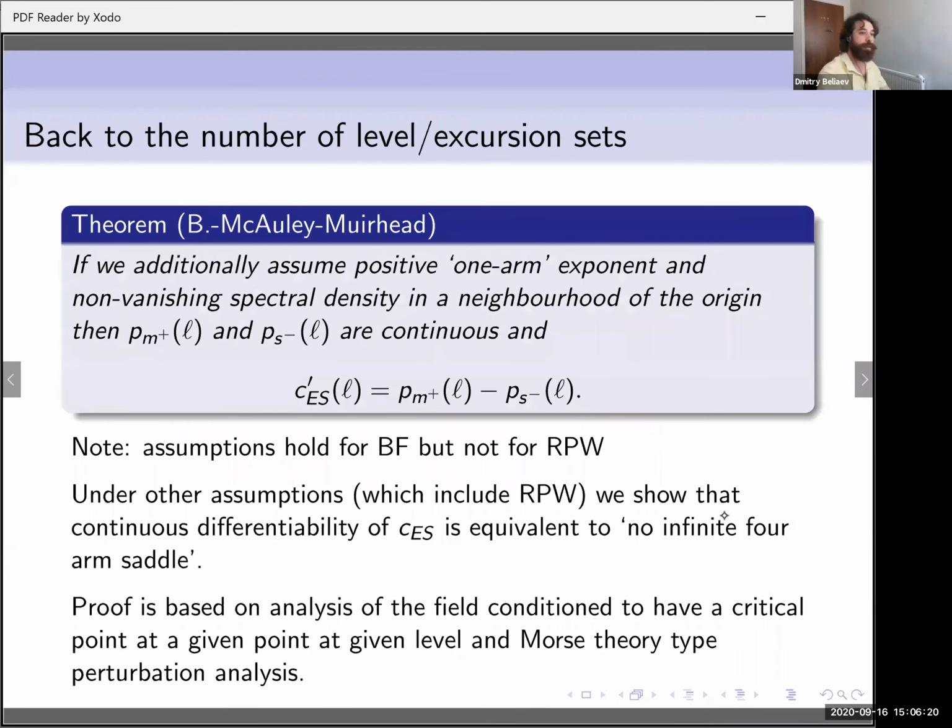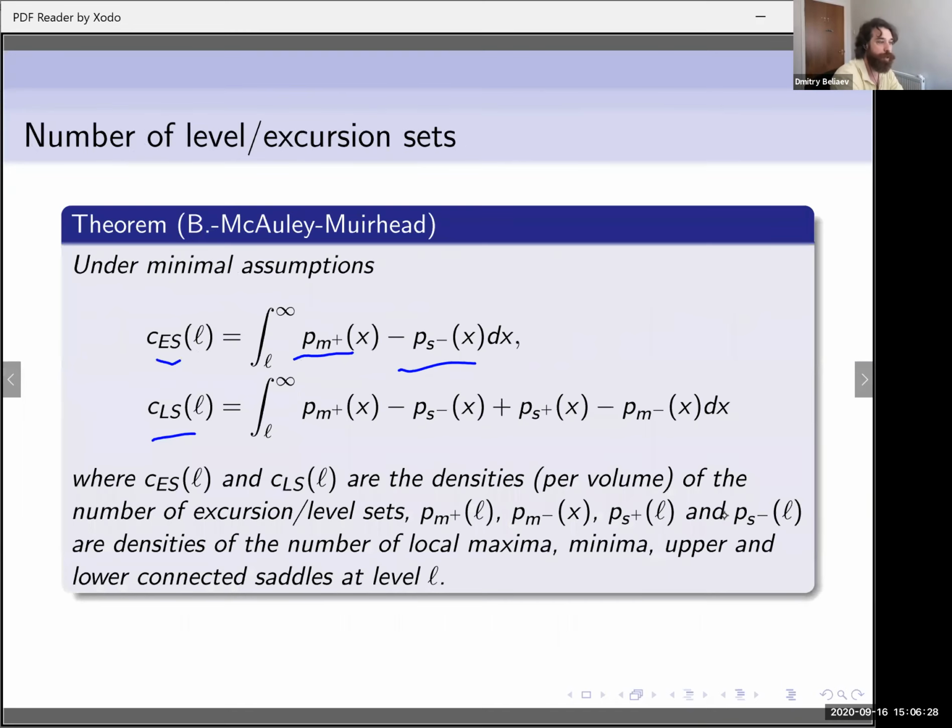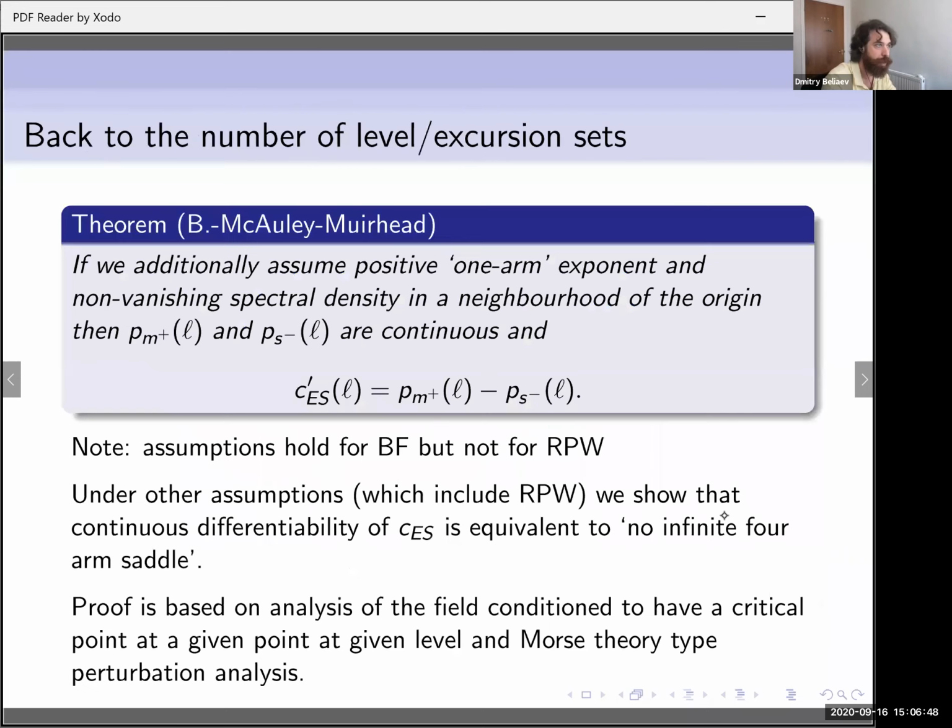Then with a little bit more work, if you look at this formula, it suggests that these functionals C are differentiable, and their derivatives are given by densities of critical points.